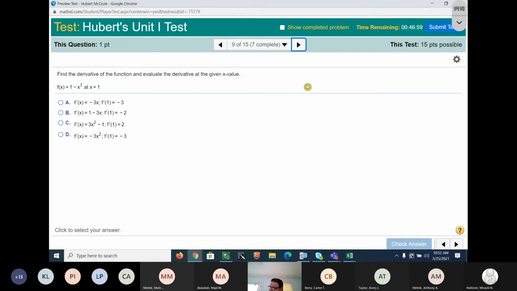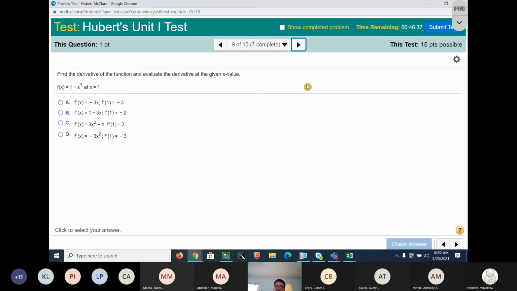All right. F prime of x is equal to 0 minus 3x squared. So f prime of x is equal to negative 3x squared.